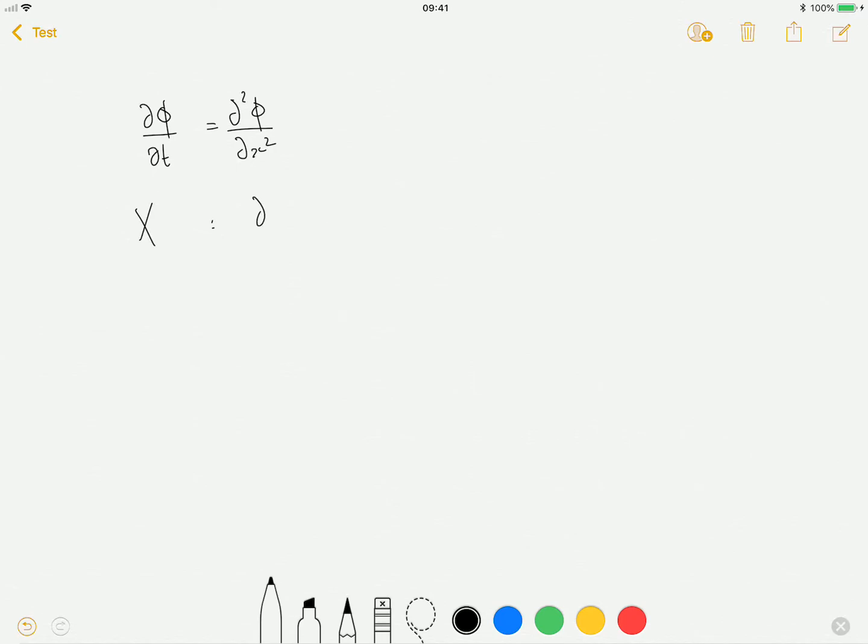That is, the second derivative of φ with respect to x can be approximated by φ at grid cell i+1 at time n, minus 2 times φ at grid cell i for time n, plus φ of i-1 at time n, divided by Δx squared.